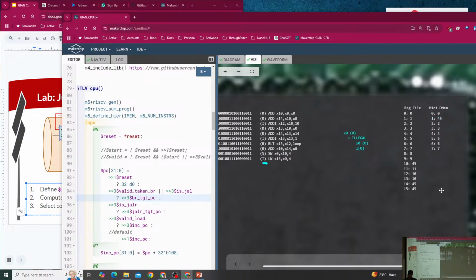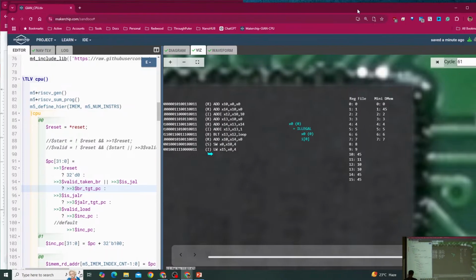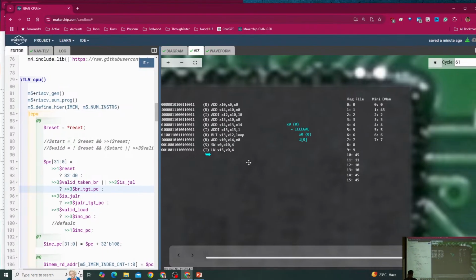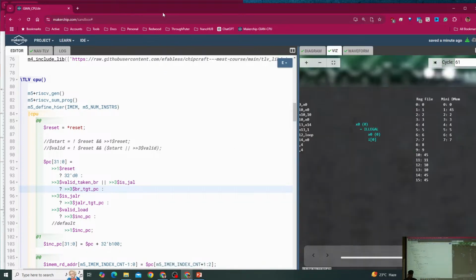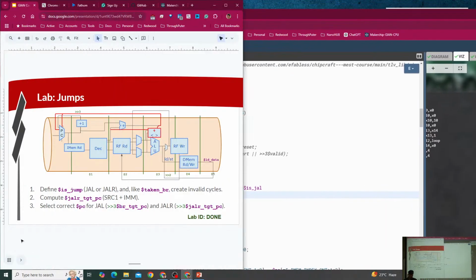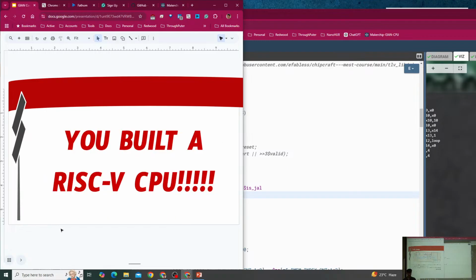Looks like we're still passing. Of course, we haven't added any jump instructions. So if you would like, you can play around by adding jump instructions and testing them out. We're doing very minimal testing here. At this point, if your CPU is passing, call it good.